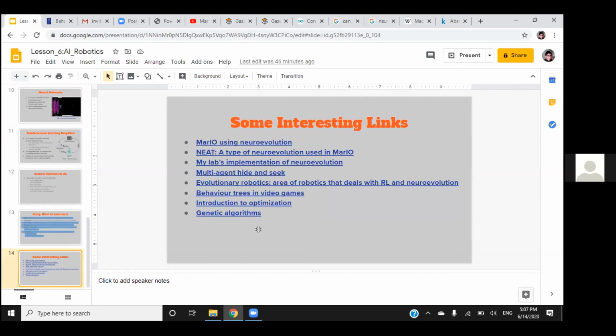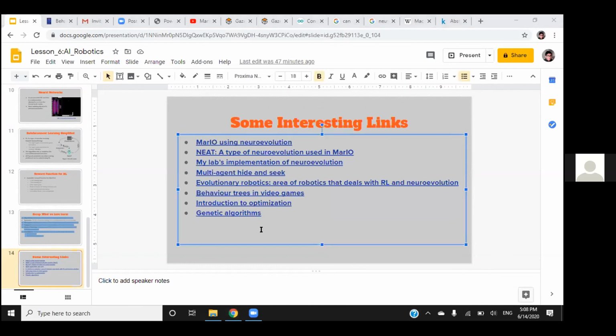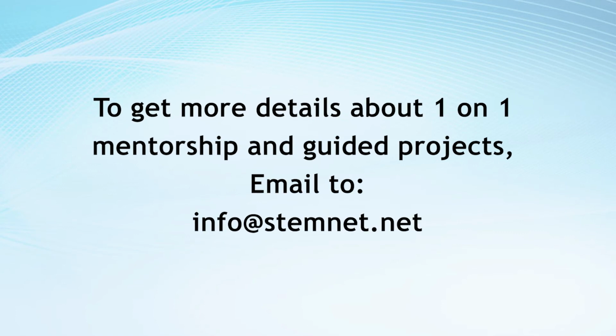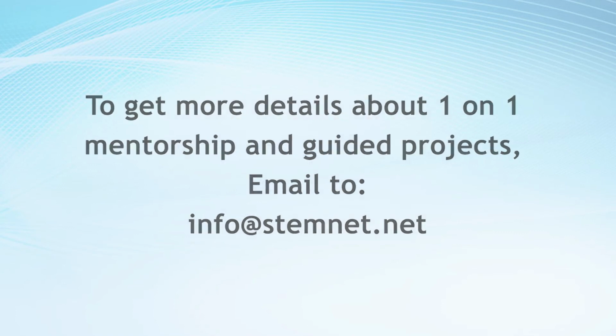Go through what genetic algorithms are. It's a particular type of optimization algorithm. Once you go through that, you can think of looking into optimal control. Then you can think of modern reinforcement learning with deep learning.